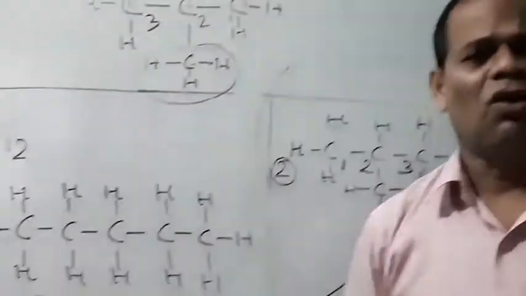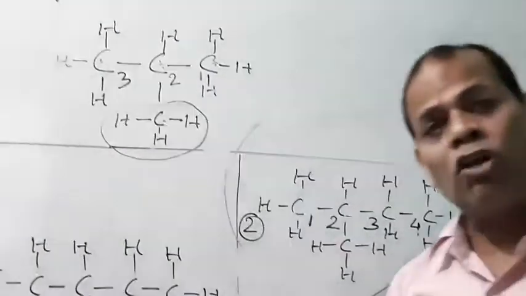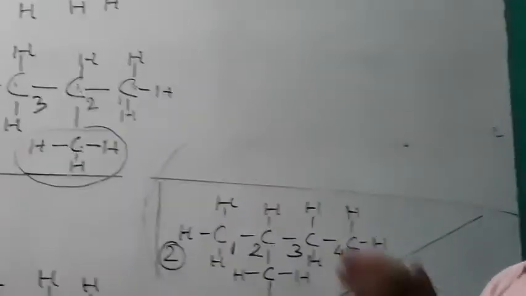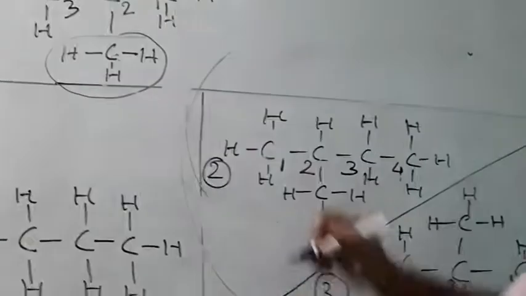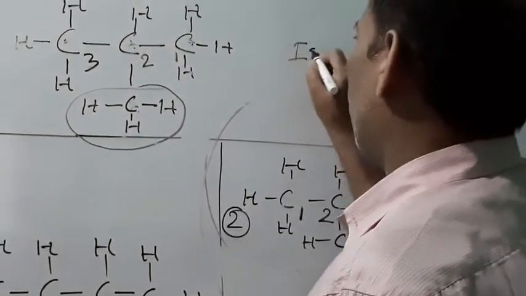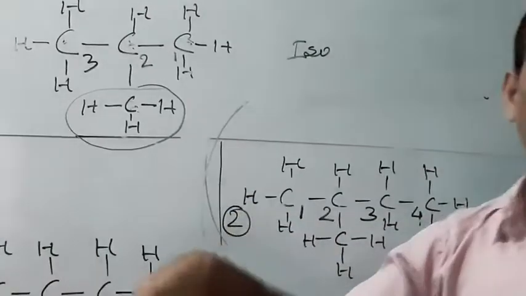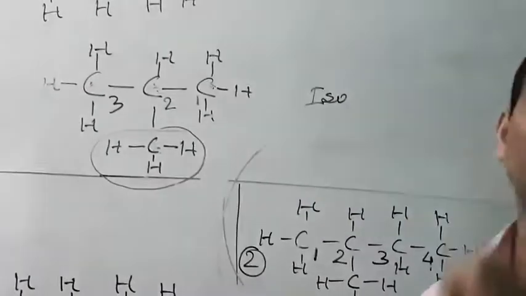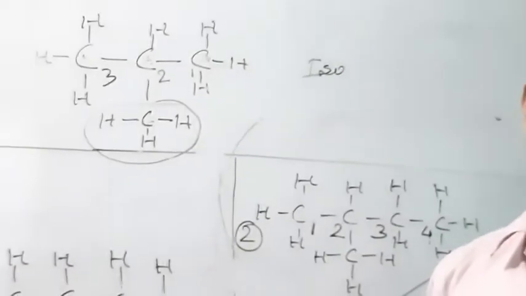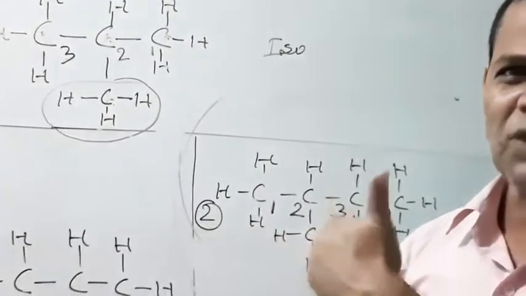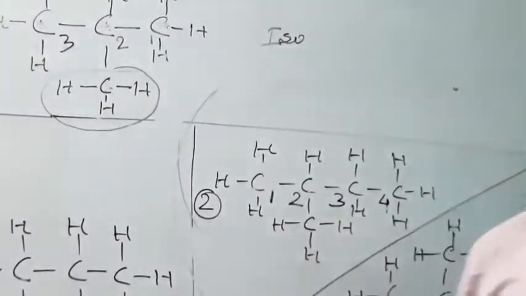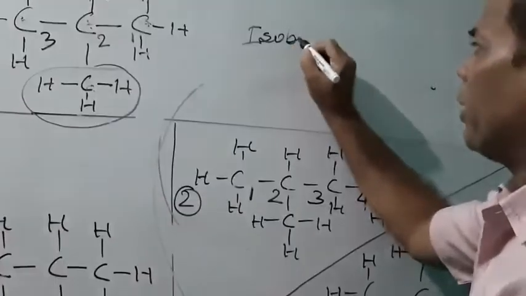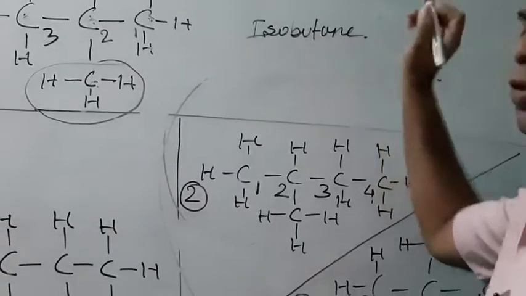If there is one branch at the second carbon, either from the left side or from the right side of the second carbon, then we use the word iso. Isobutane.